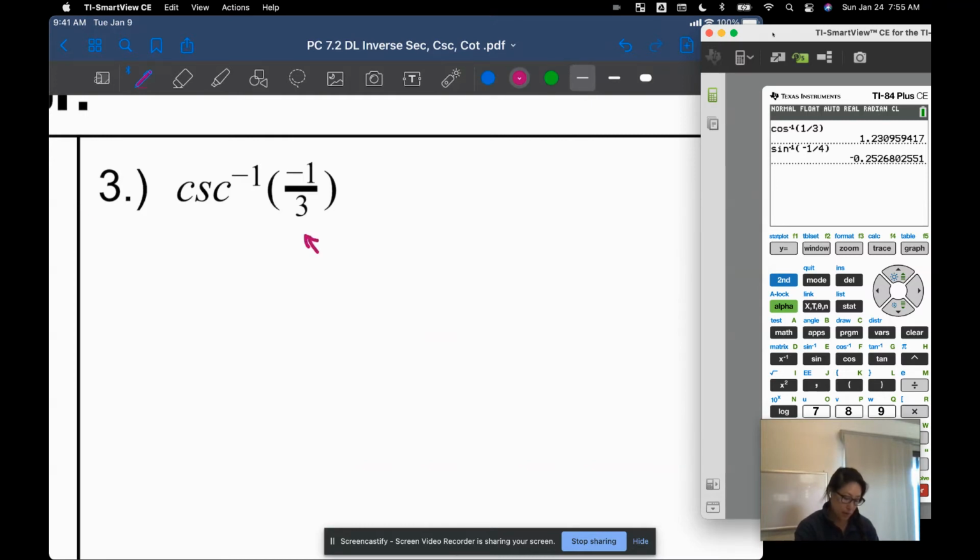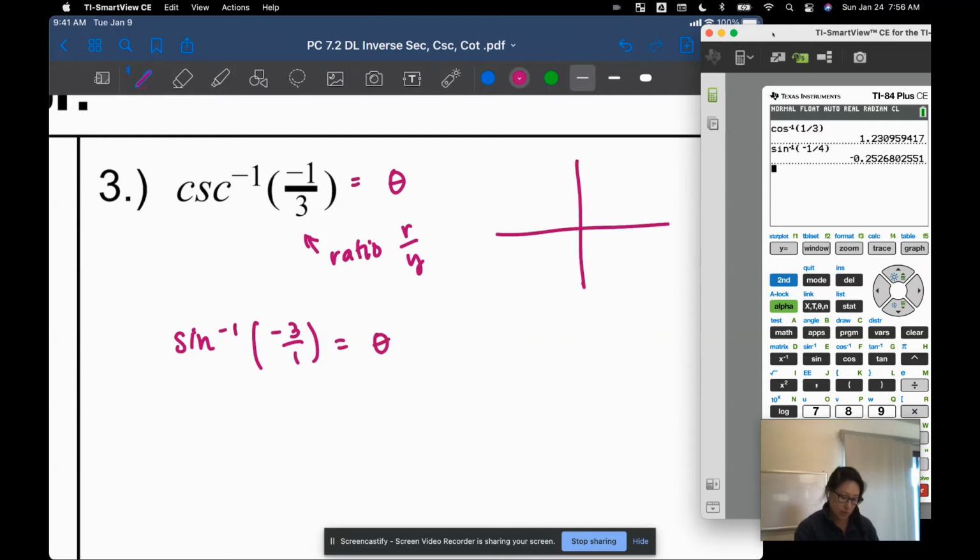Okay. Last one. Cosecant inverse of -1/3. Remember, this is my ratio of r over y. So I'm going to use the sine inverse of -3/1 is equal to theta. Again, it's going to give me a triangle in the fourth quadrant because the ratio is negative, and cosecant inverse gives me an angle from the first or the fourth quadrant.